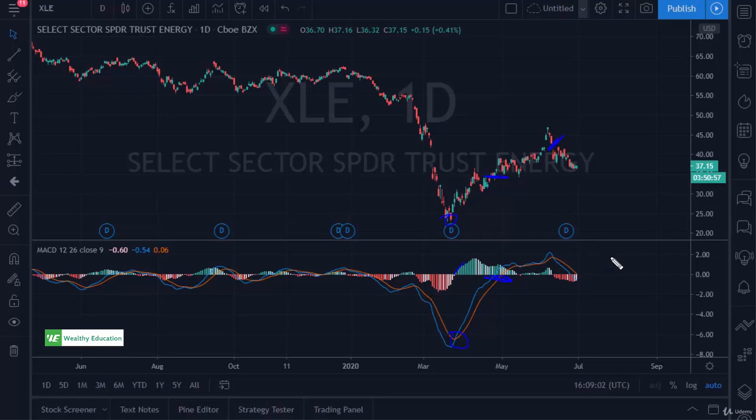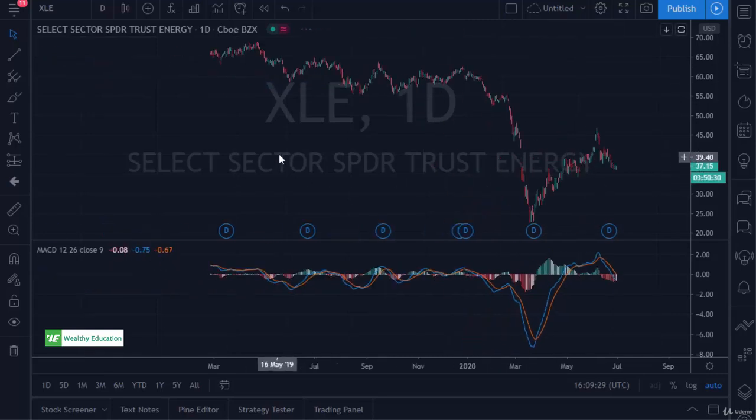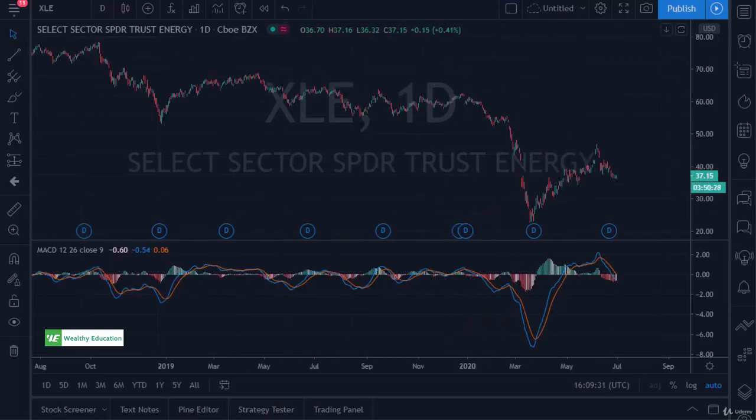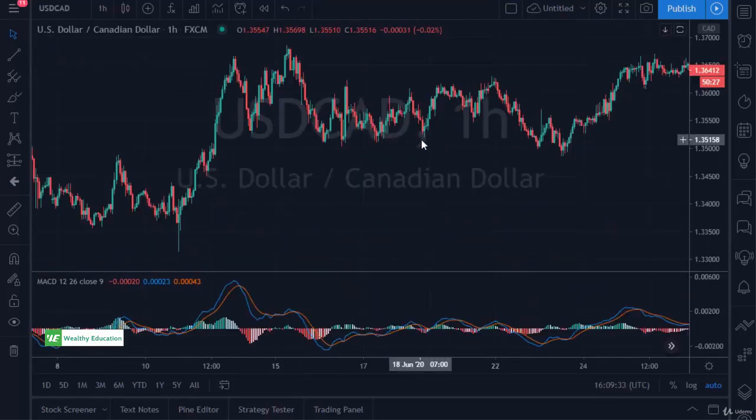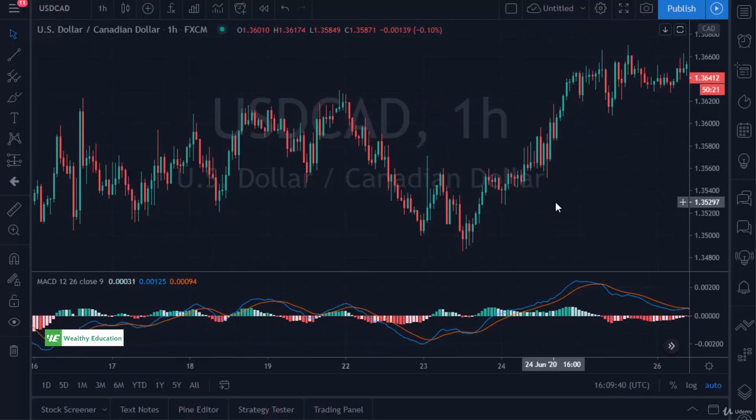It worked out quite well, quite frankly, in that instance. You'll notice how the histogram is pretty short here. The moving average is kind of hugging around. That tells you the market isn't doing much. So in that sense, the indicator did its job to keep you out of that trading environment that really wasn't doing much.